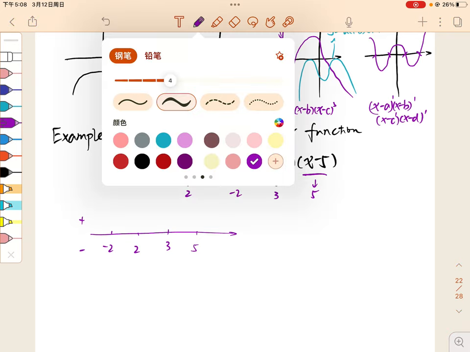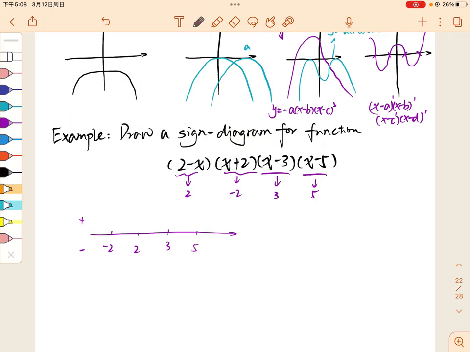So you have 4 numbers with 5 intervals, so that means smaller than -2, between -2 and 2, between 2 and 3, between 3 and 5, and more than 5.